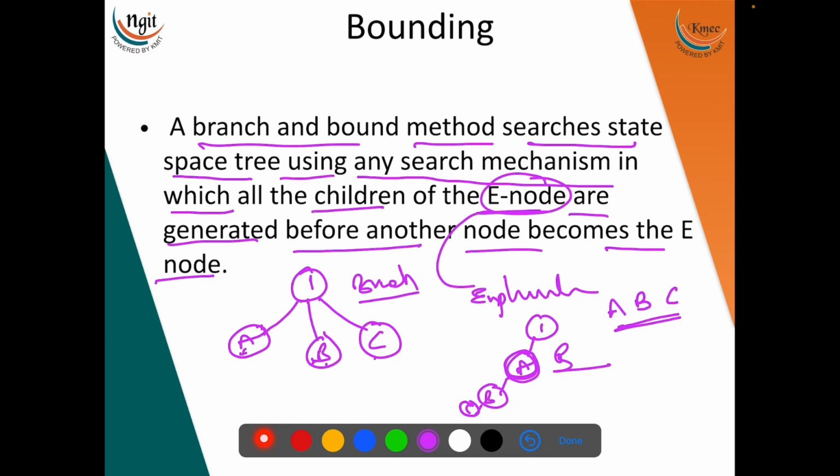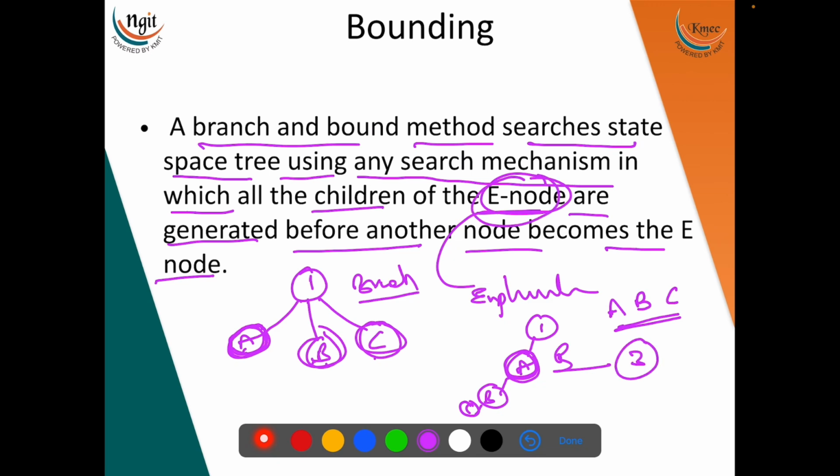Now if I want to explore this node, I have a choice of exploring the A node, B node or C node. Based upon what we explore, there are three different strategies to explore E nodes.